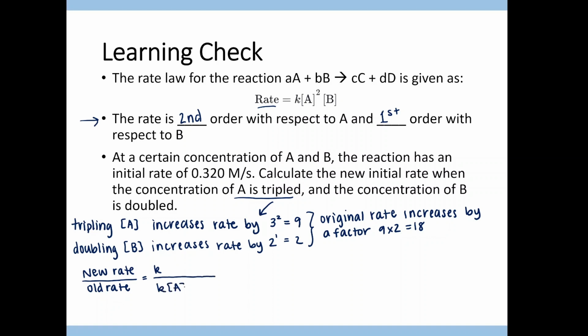K, concentration of A squared, concentration of B. And then the new rate, we have 3 times the concentration of A squared times 2 times the concentration of B. We can cancel everything out except for 3 squared times 2, which is 18 over 1. So 18 times the original rate.